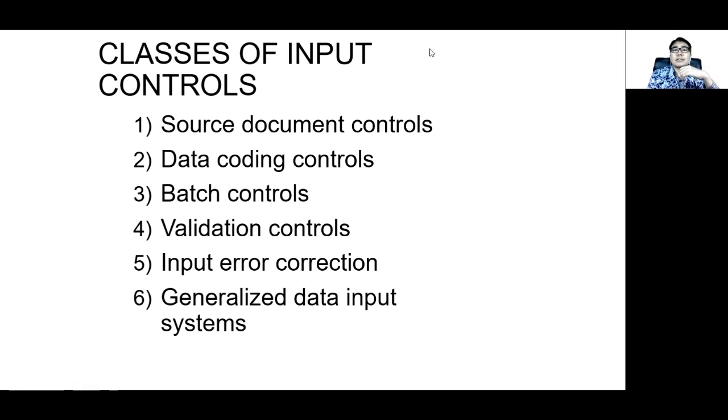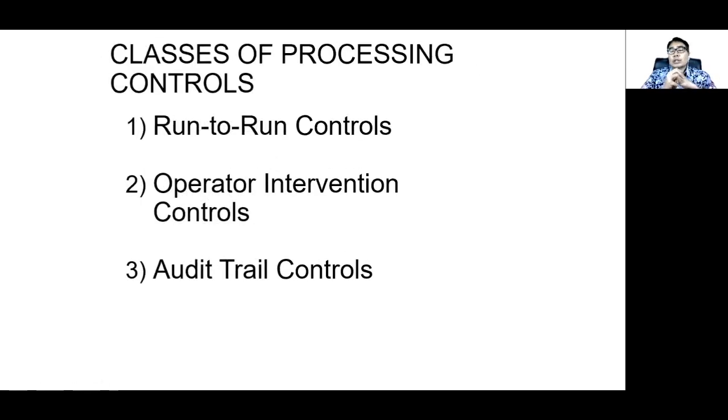Okay, next is the process controls. This basically will control the processing of the data inside the information system. The first one is the run to run controls, which is basically the same as the batch input control.